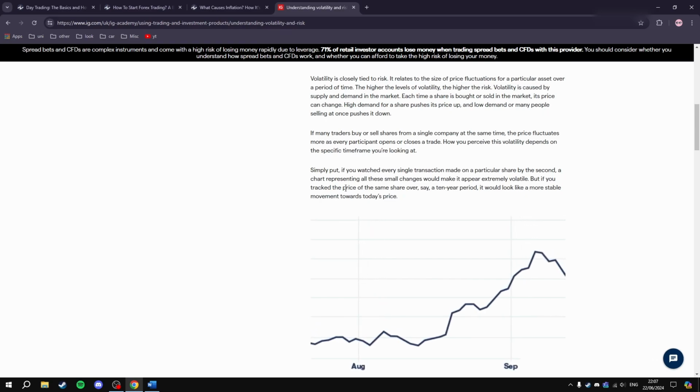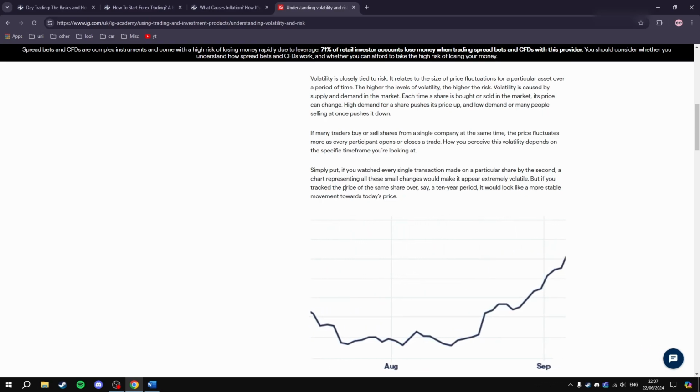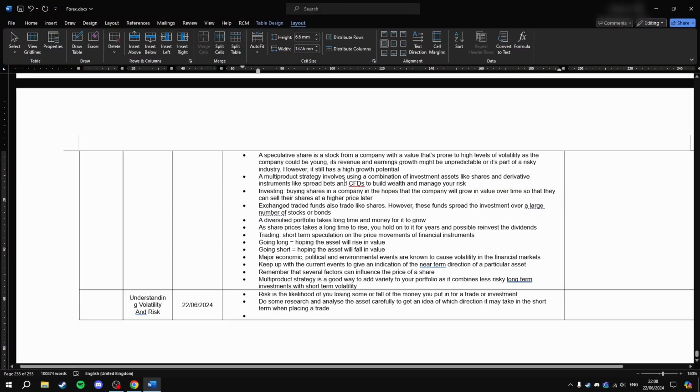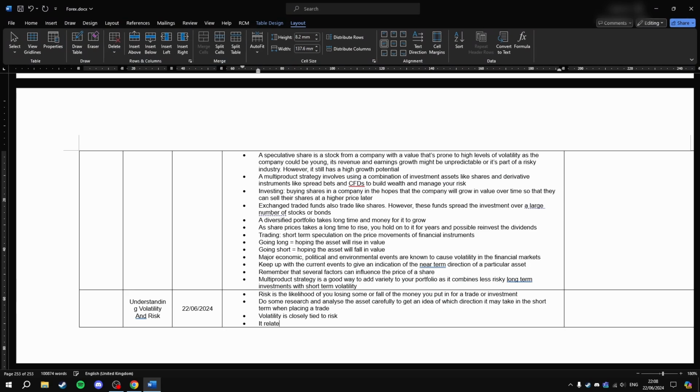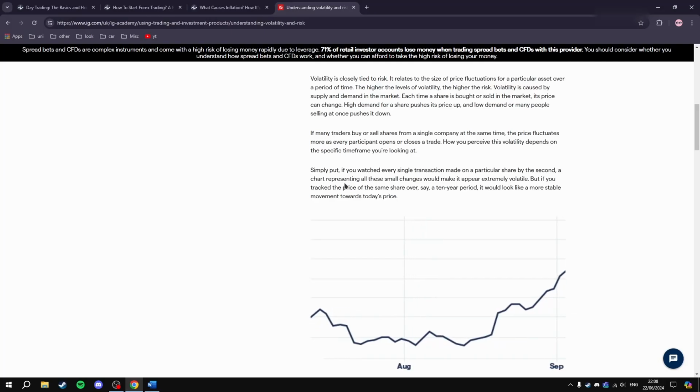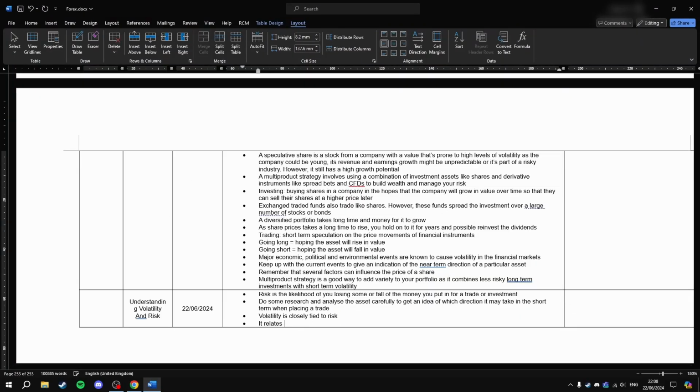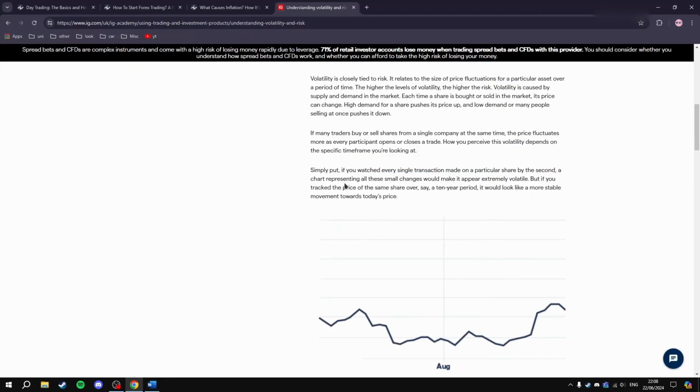Volatility is closely tied to risk. It relates to the size of price fluctuations for a particular asset over a period of time.